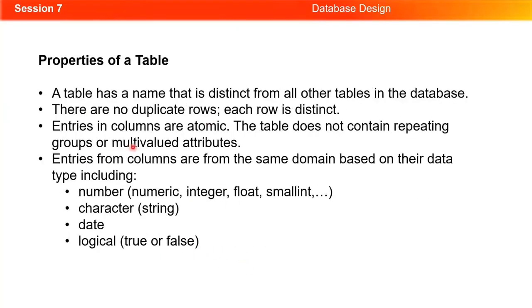The properties of a table: a table has a name that's distinct from all other tables in the database. It's some kind of an entity in the enterprise, so we can't have duplicates of those entities. We would group those together if that were the case. There are no duplicates within each row. Each row, or each record, is distinct.